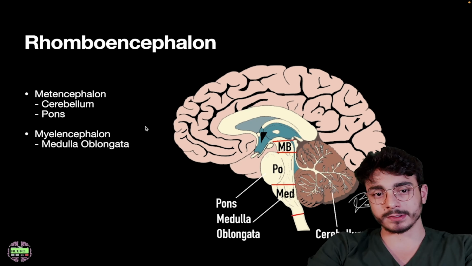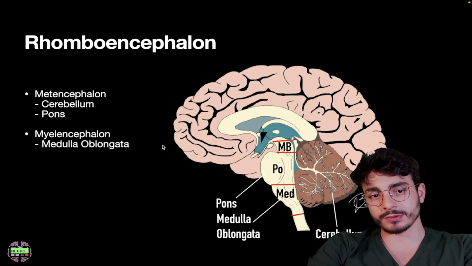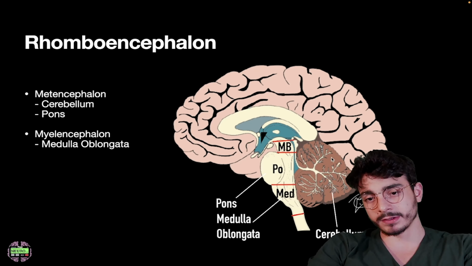Now the rhombencephalon, as I told you: the cerebellum here on this structure, and also the pons are the metencephalon, and the myelencephalon will give rise to the medulla oblongata, which is this part.